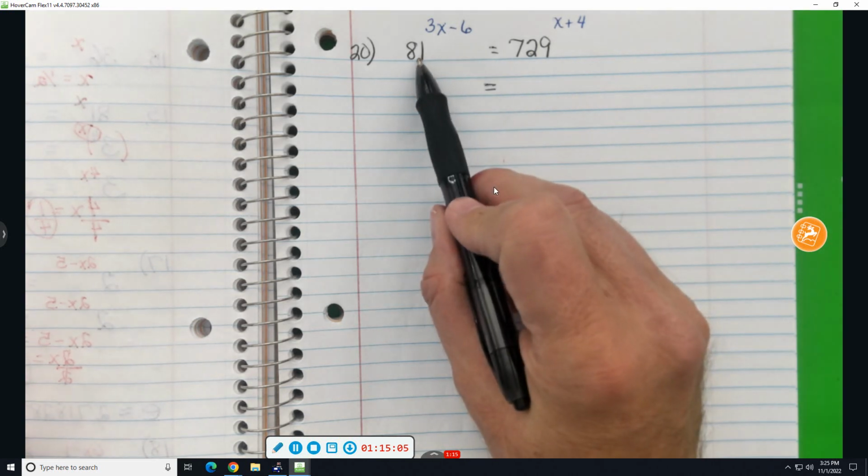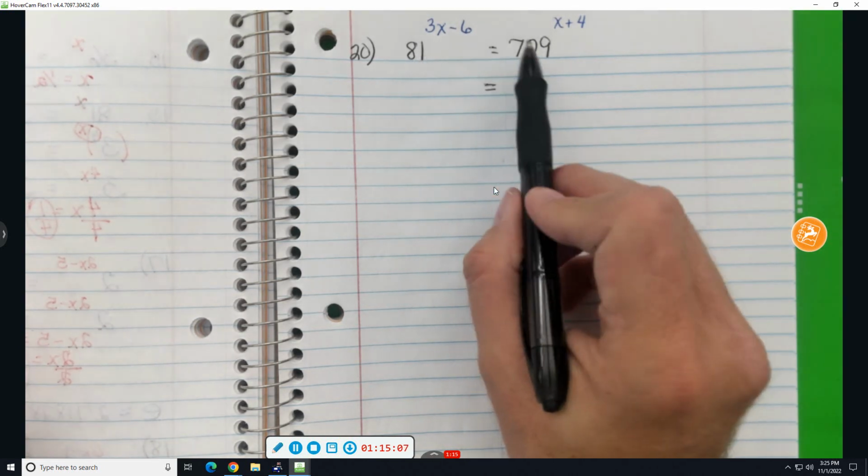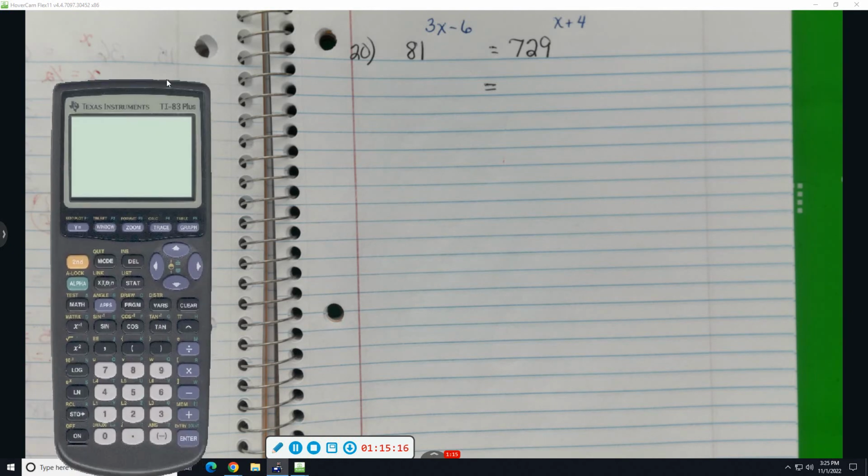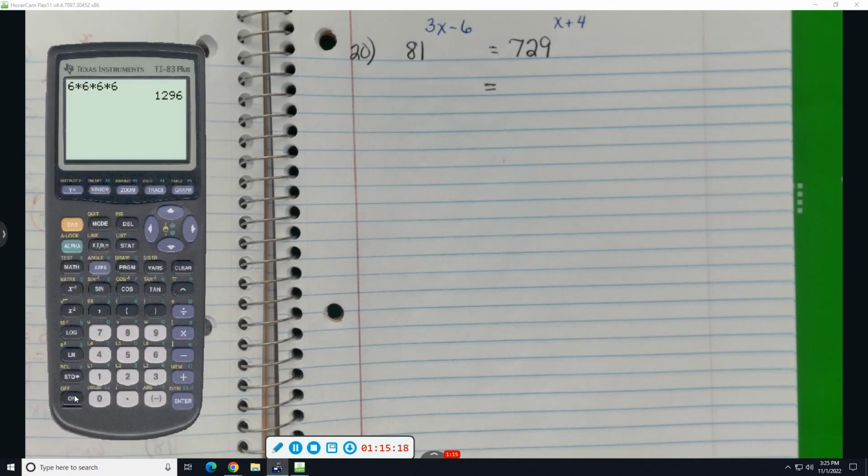Can I multiply 81s together to get 729? Is 81 squared 729? It's not, is it? Okay. So we can't write 729 using an 81 as the base.